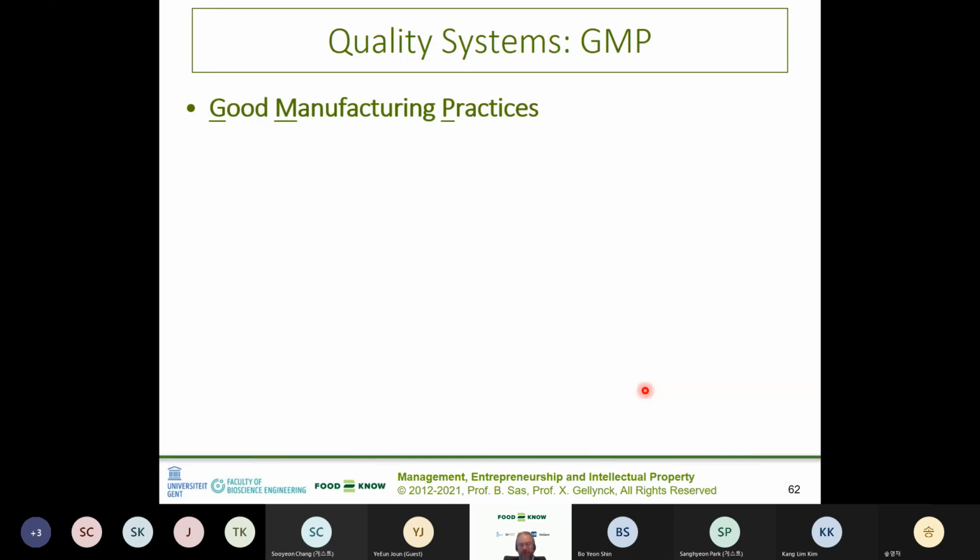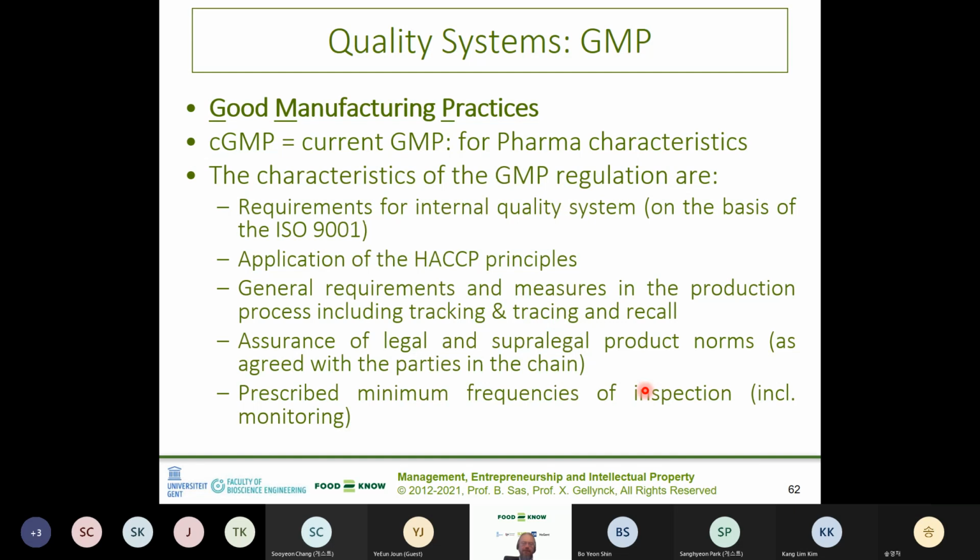Quality systems, good manufacturing practices, also part of ISO. It's very strictly regulated, for instance, for CGMP, that's quality systems for good manufacturing practice, specifically for the pharma industry. You see a series of characteristics here. So it's linked to the ISO.